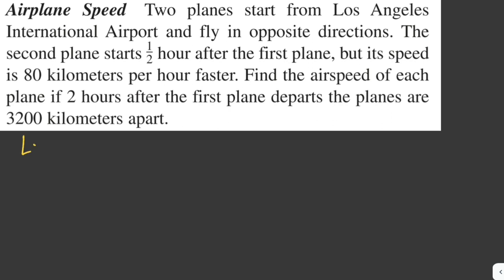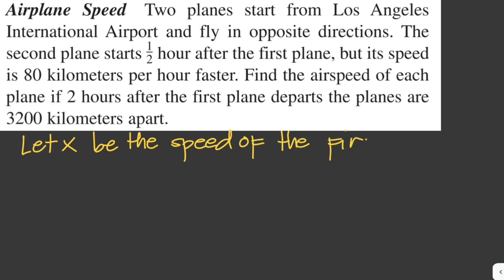We can let x be the speed of the first plane, then it says the second plane is 80 kilometers per hour faster, so that would be x plus 80.